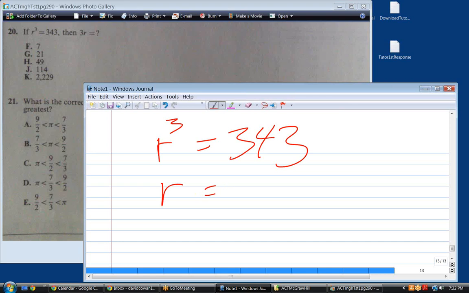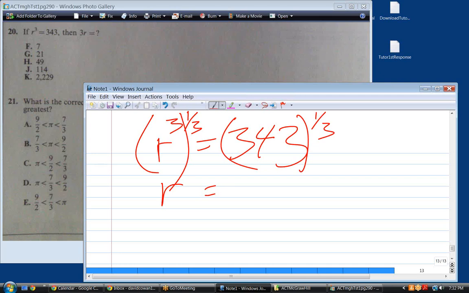Okay, so r equals, how do you do this? I don't know how to take the cube root on a calculator. In other words, we need to take the cube root of both sides, right? This is essentially what we need to do. We need to exponentiate the left side to 1/3 and do the same thing to the right side. So you would just do 343 raised to the 1/3 power.